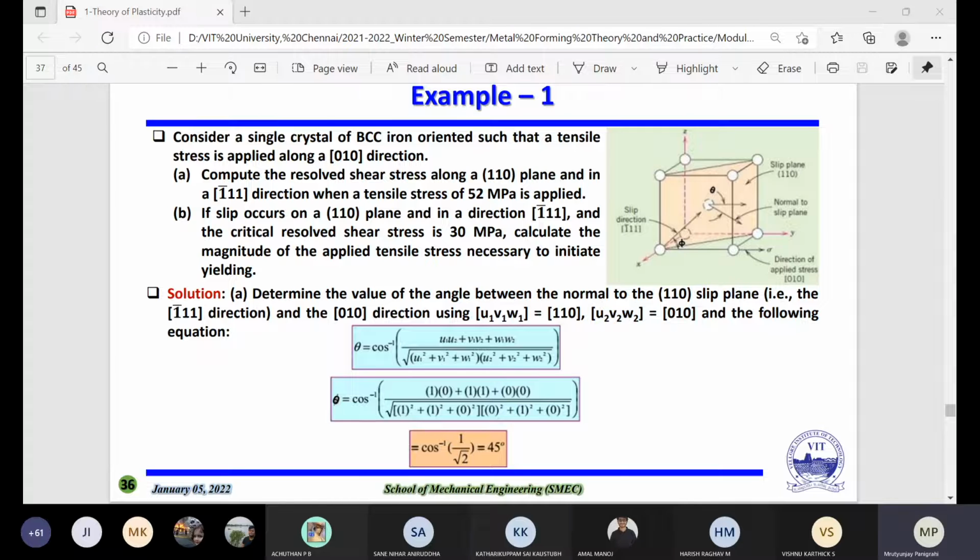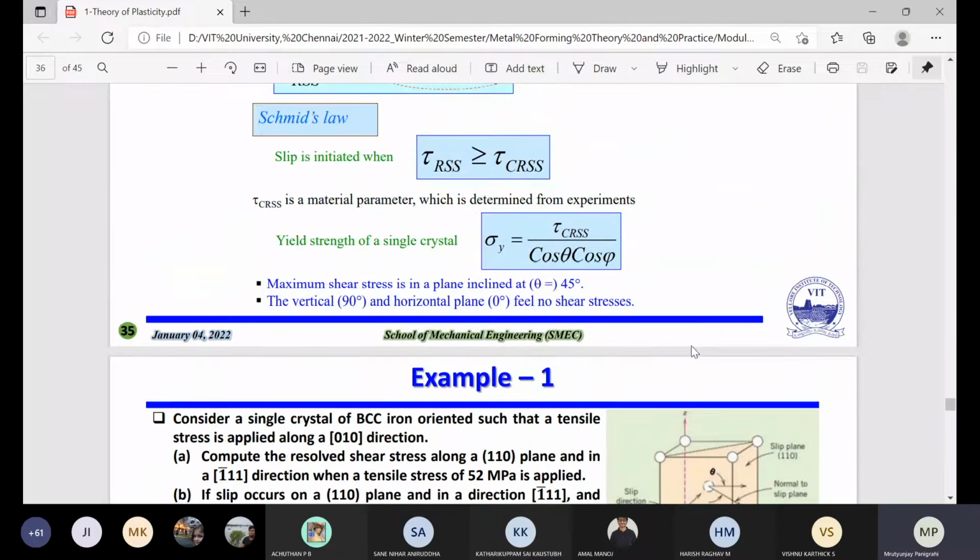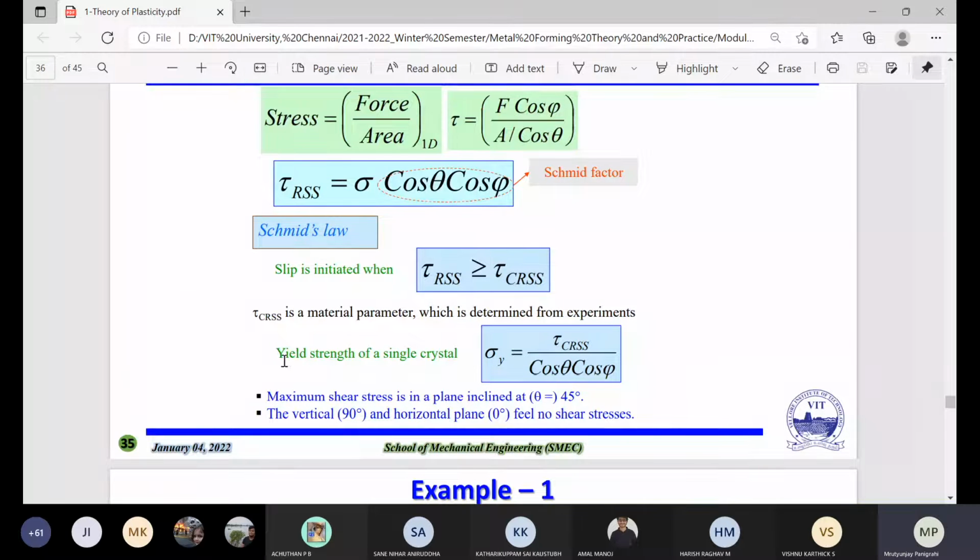If you have calculated tau RSS, then the second question: calculate the magnitude of the applied tensile stress necessary to initiate yielding. Applied tensile stress. So what will be the equation? Sigma y, the yield strength, equal to tau CRSS divided by cos theta cos phi.